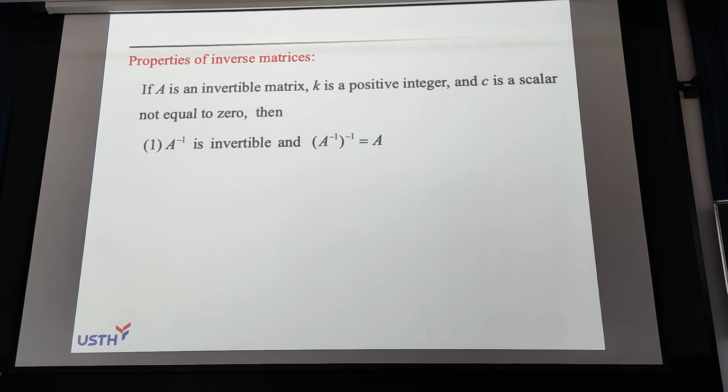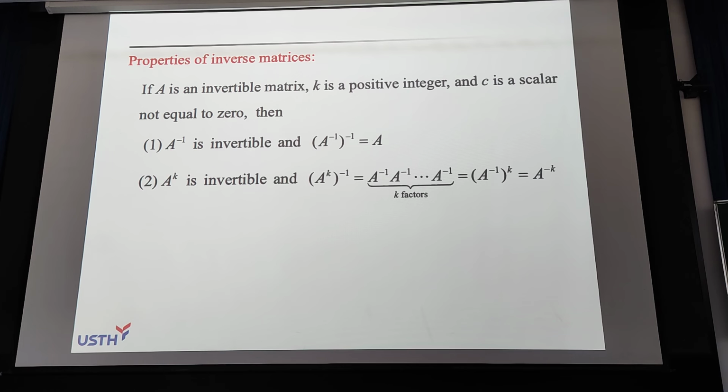Then A inverse is again an invertible matrix, and the inverse of A to the power minus 1 is A. It is obvious from the definition.